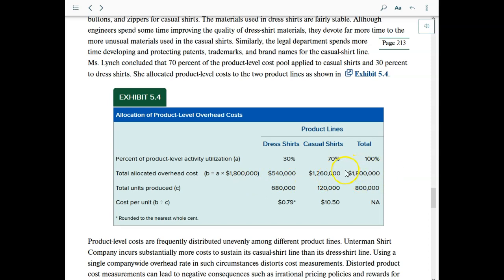So we divided up the product level cost between dress shirts and casual shirts, just based on her studies on how much of the total cost should probably be allocated percent-wise to each type of shirt. Divide by the number of shirts again, and you can see this is 79 cents per shirt for dress shirts, but $10.50 for casual shirts. Again, quite a bit more.